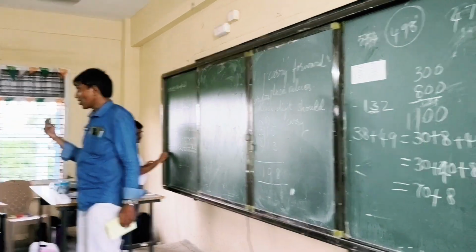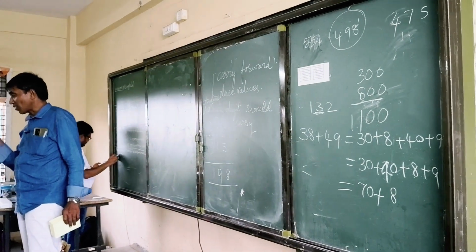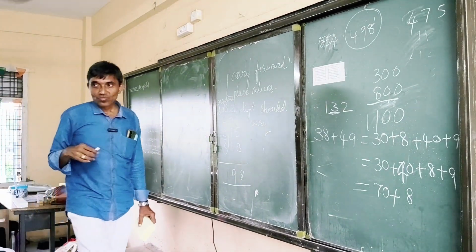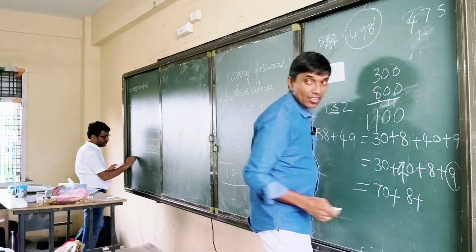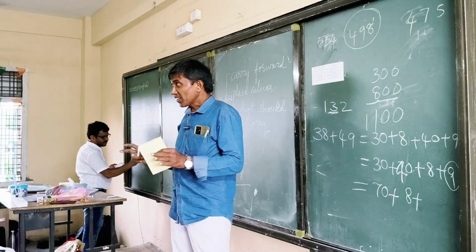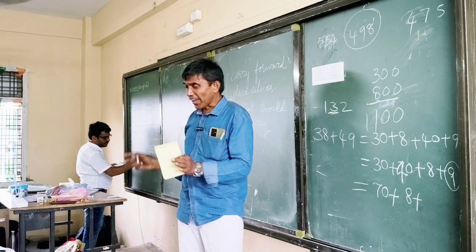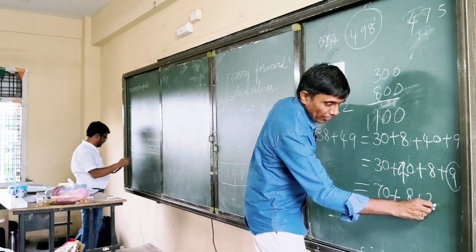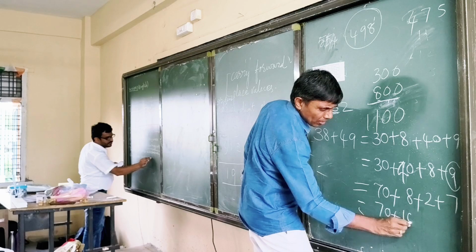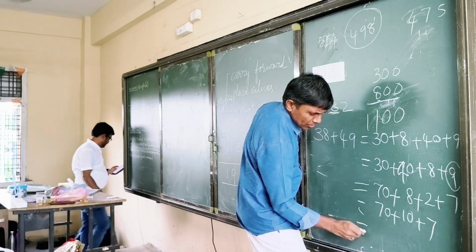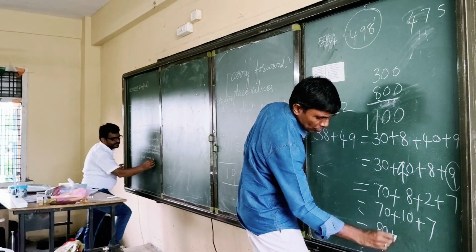Actually whatever we do, that is correct, there is no doubt. But 9 can be divided as 2 plus 7, so that is equal to 70 plus 10 plus 7, that is equal to 80 plus 7, that is equal to 87.